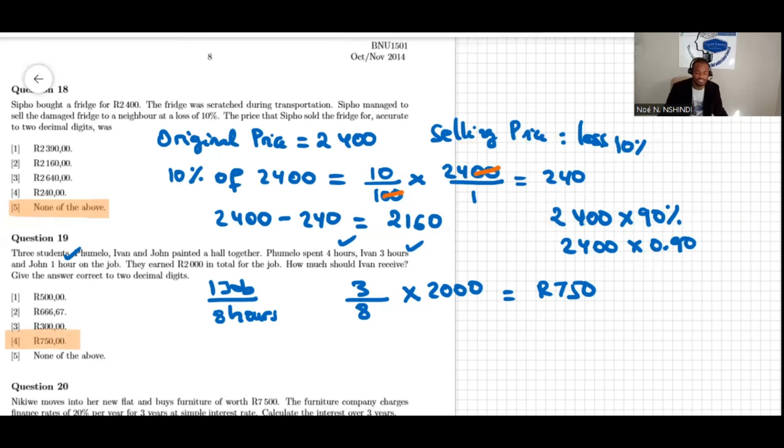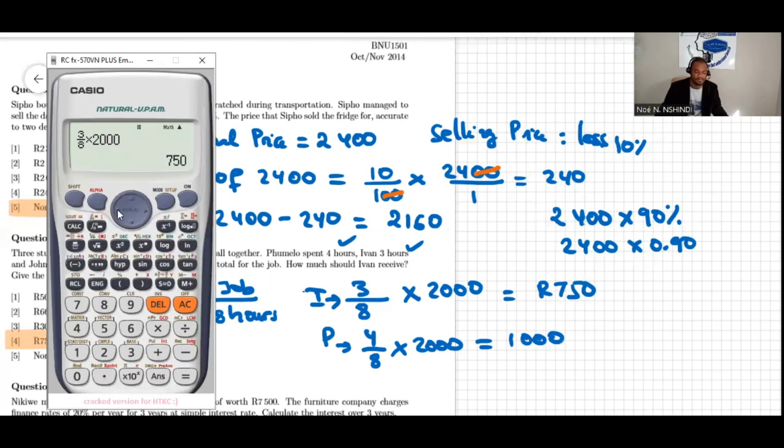If you're unsure, you can check. That was for Ivan. And then you can check for Pumela, it's going to be 4 over 8 times 2,000, and this will be 1,000. For John, it's 1 hour, 1 over 8 times 2,000, and this is equal to 250.